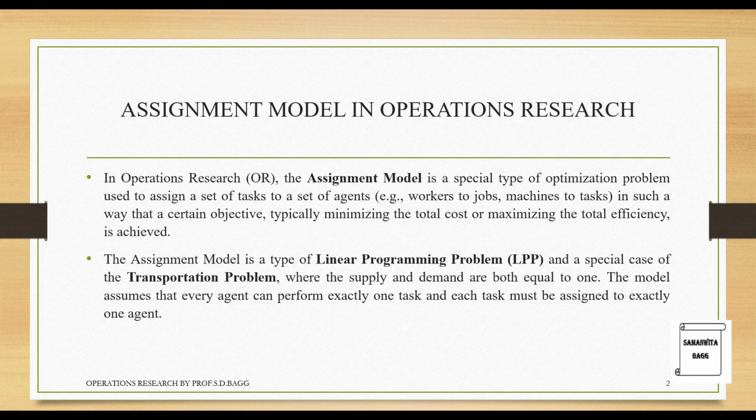It will not be more or less, and they will be assigned one to the other. This is also a type of solution for the linear programming problem that we have been solving till now.